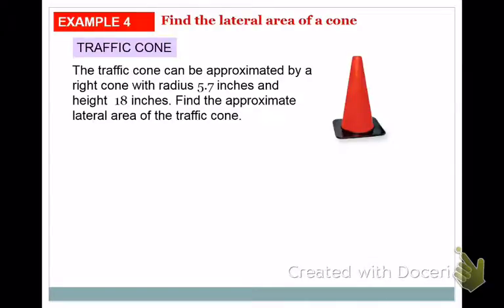So we have the traffic cone that can be approximated by the right cone with a radius of 5.7 and a height of 18. So if we draw that in, we've got radius of 5.7, and a height of 18.